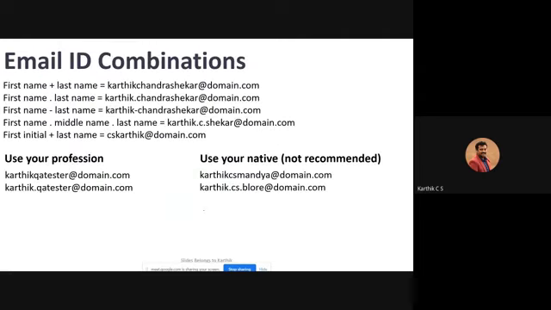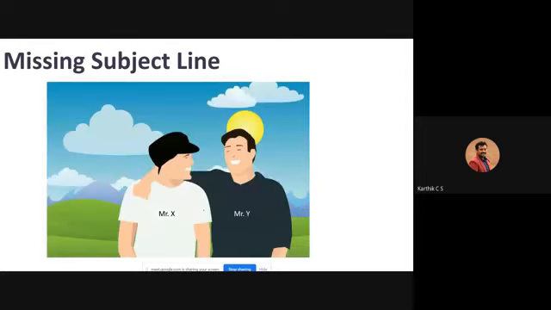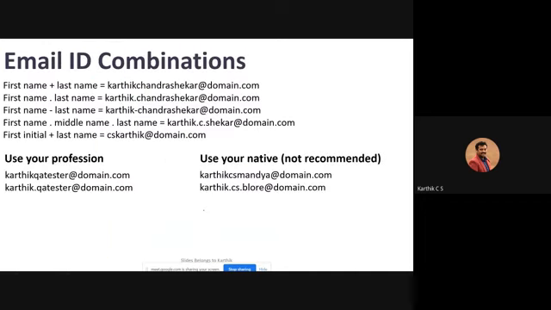Next we'll go with the subject line. Why do you have to create a proper subject line? Once you create an email ID, you have to send an email to somebody. For that, the first thing it will ask is for the subject line: for what purpose you are sending this email.